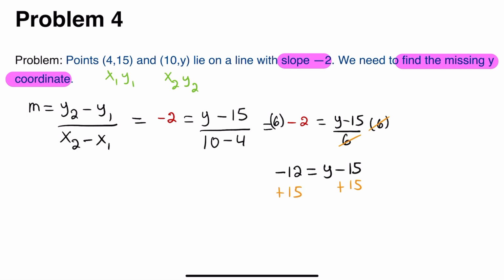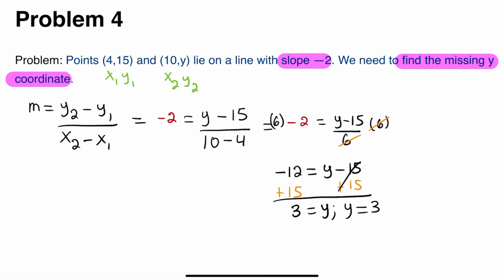So we have -12 plus 15 is +3 equals y. Our 15's cancel out over here, so y equals 3.